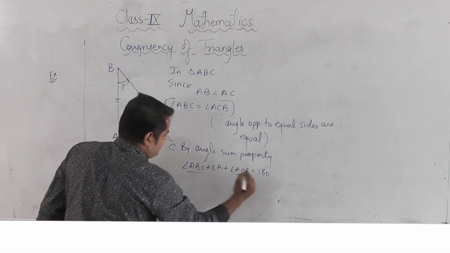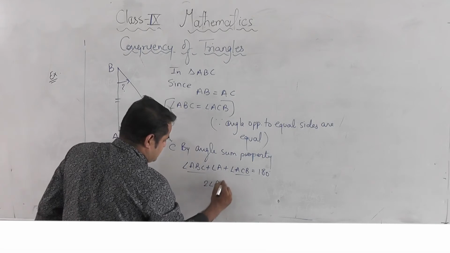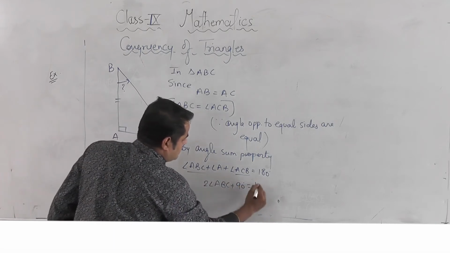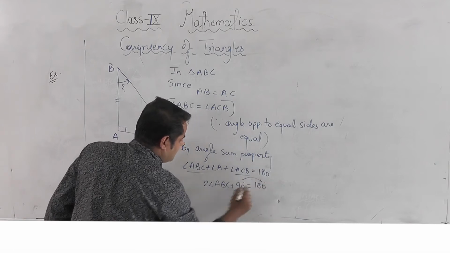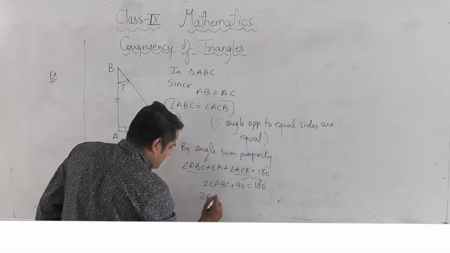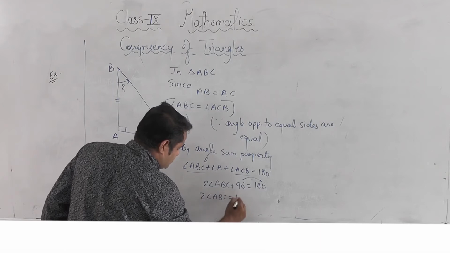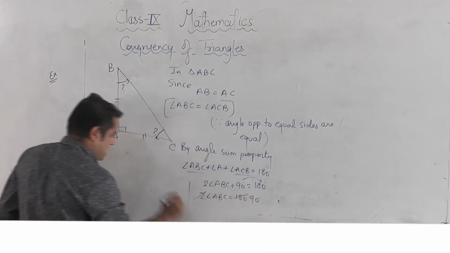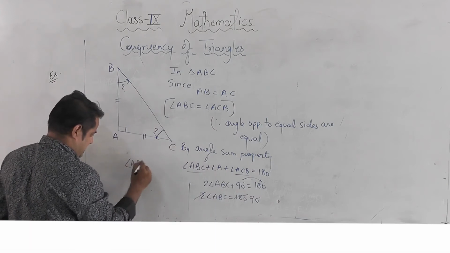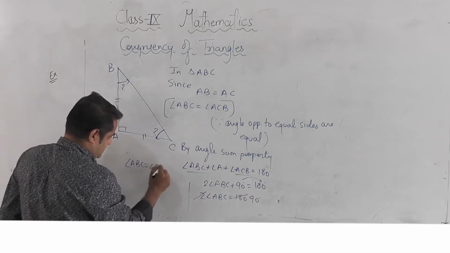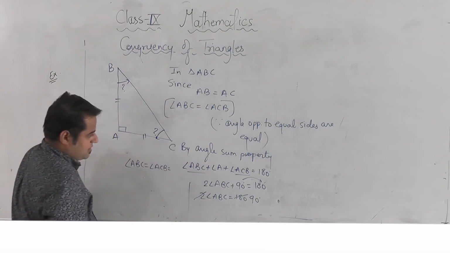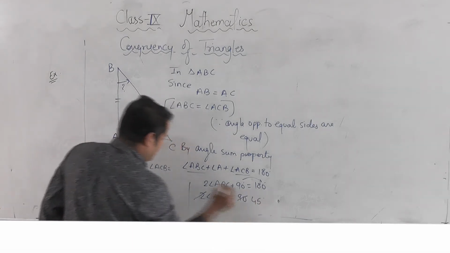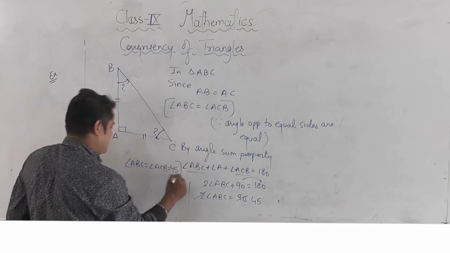These two angles are the same, so I am writing 2 angle ABC plus 90, the value of angle A, equals 180. Just transpose it. So 2 angle ABC is equal to 90, so that one angle becomes 45. Both angles become 45.